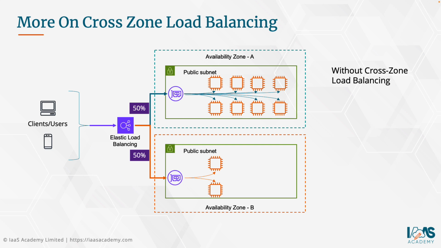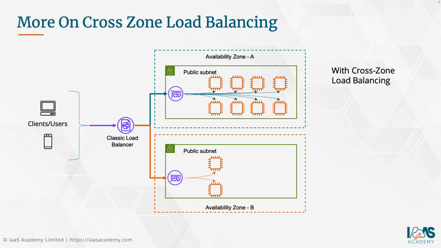And so we've got 50% of the traffic going to availability zone A and 50% going to availability zone B. This means that each of the instances in availability zone A is only getting 6.25%, whereas in availability zone B, each of the 2 instances is getting 25% of the traffic, and therefore handling far more load than their counterparts in availability zone A. This can often result in poor performance being experienced by users who are connecting to, in this case, availability zone B, and therefore the inability to handle the loss of one or more instances more efficiently.